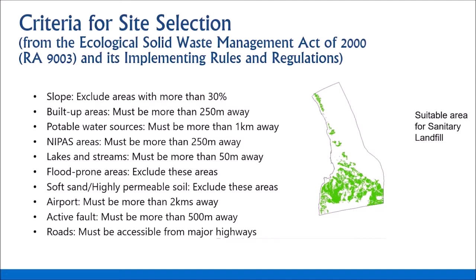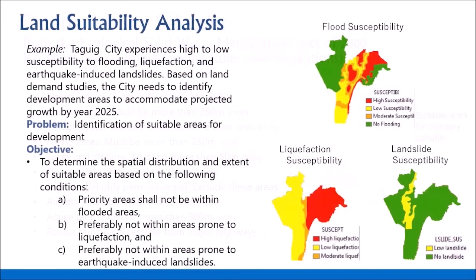Okay, so what is left now is a suitable area for sanitary landfill. Well, of course, you can also consider roads must be accessible from major highways. But if you do that, you also come up with a more refined, suitable area for the sanitary landfill.